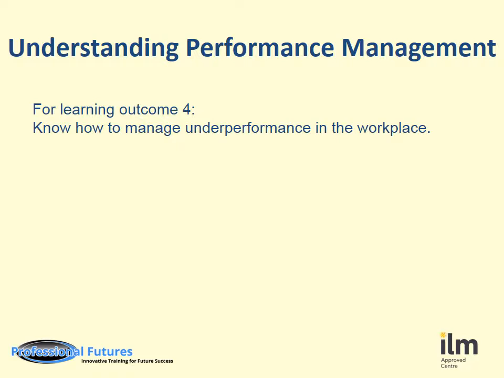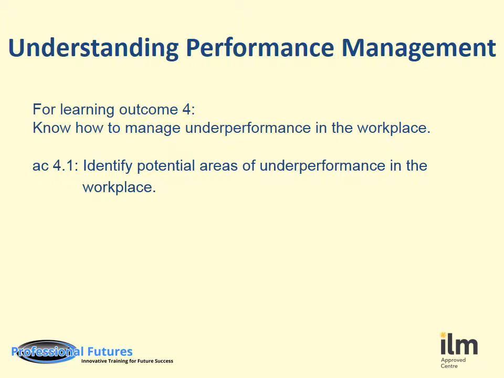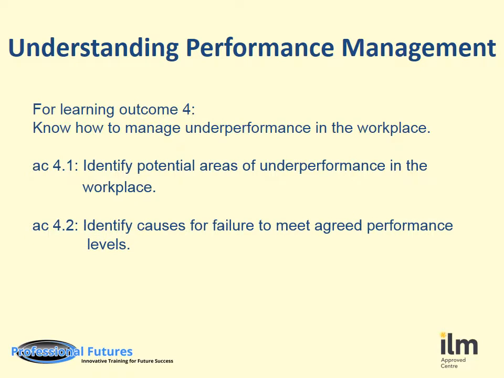Learning Outcome 4, which is Know how to manage underperformance in the workplace, has been split across 3 assessment criteria. Assessment Criteria 4.1 asks you to identify potential areas of underperformance in the workplace, whilst Assessment Criteria 4.2 asks you to identify causes for failure to meet agreed performance levels.